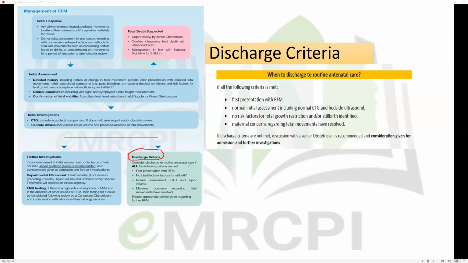This is first presentation, not repeated. If repeated, we will induce. No identified risk factor for stillbirth. Normal assessment, CTG and liquor volume. Maternal concern regarding fetal movement has resolved. Do I need to do any further investigation after this or just a discharge?